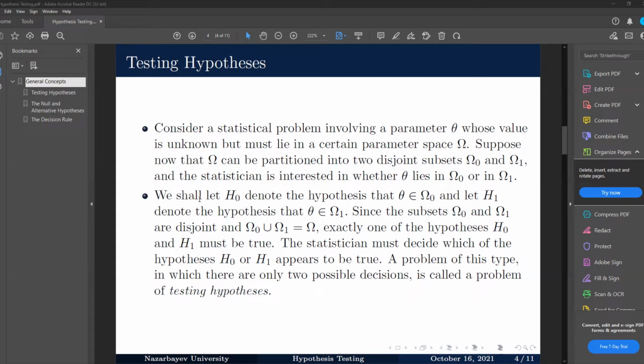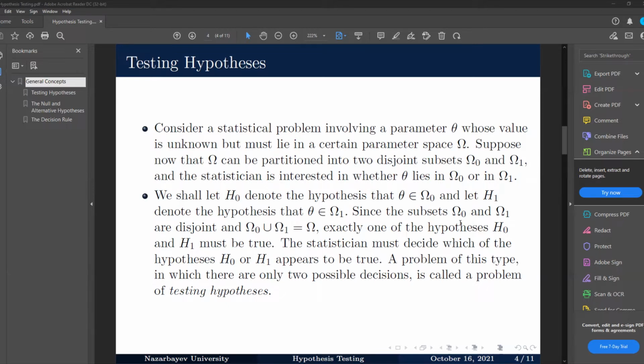We shall let H0 denote the hypothesis that theta lies in the first subset omega 0 of our parameter space, and let H1 denote the hypothesis that theta lies in omega 1.